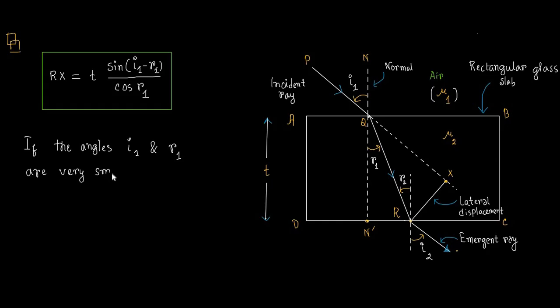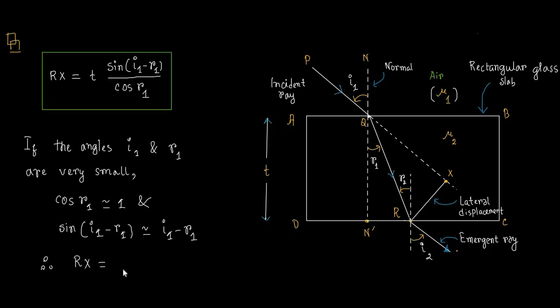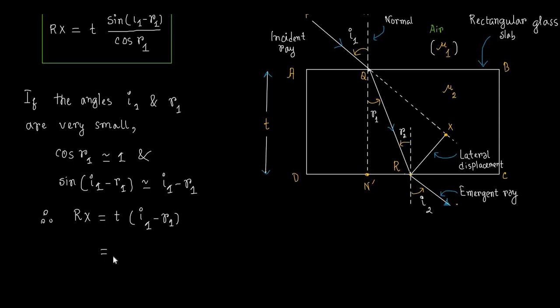In that case cos R1 will be approximately equal to 1, and sin (I1 minus R1) will be approximately equal to the angle, that is I1 minus R1. Therefore, Rx will have the expression T into (I1 minus R1) divided by 1. Now we can take common I1 from the two terms: T into I1 bracket open 1 minus R1 by I1.